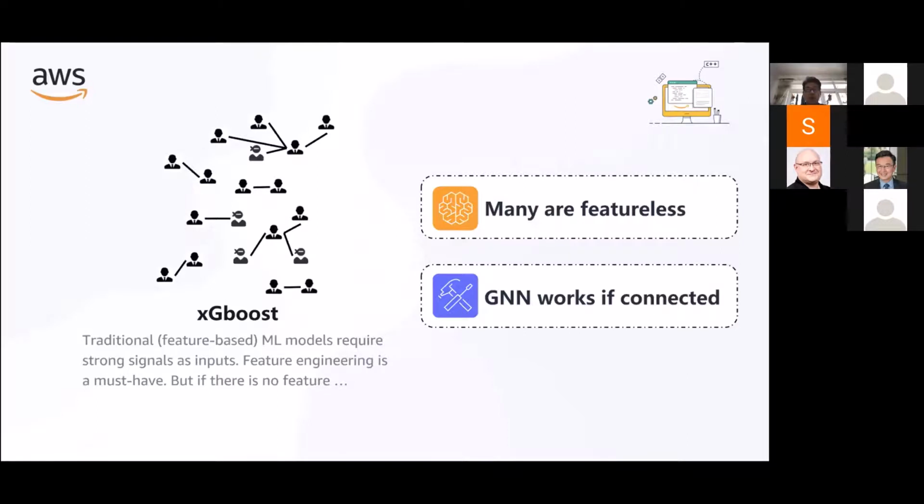But one piece of good news is that I can answer this question somehow, because many times our customers don't enjoy the rich features they could collect. Many data nodes in the real world are actually featureless due to limitations in data collection or other regulations. In that case, if we can take advantage of the graph connectivity and GNN works for that case, then it could be a good choice to pick graph-based models compared with XGBoost.